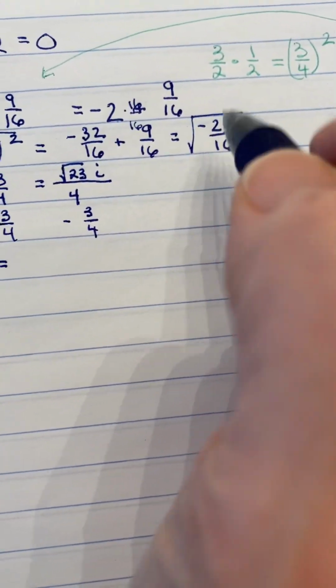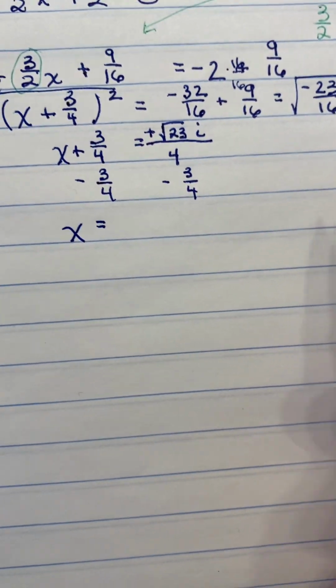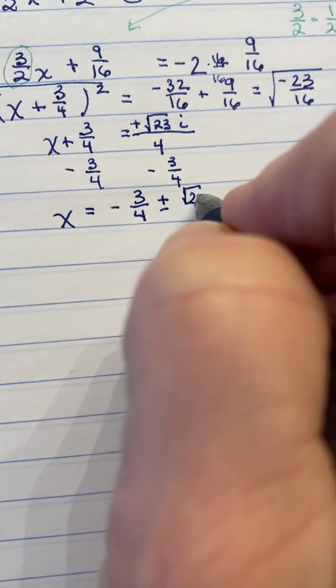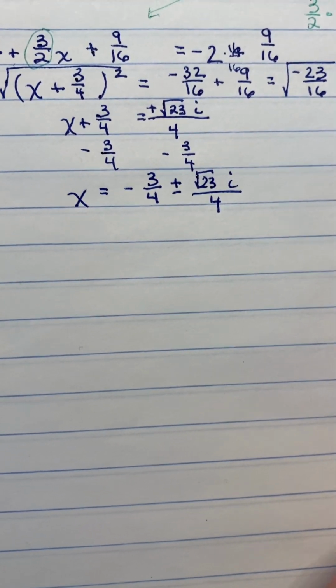When we square root this number, we put a plus and a minus out front. Can't see my minus, but it's there. I'm going to write my real part first, -3/4 plus or minus the square root of 23i over 4. All right, I hope this helps.